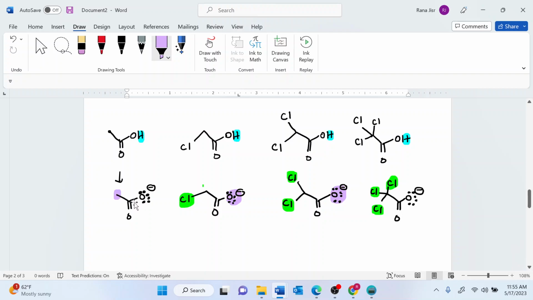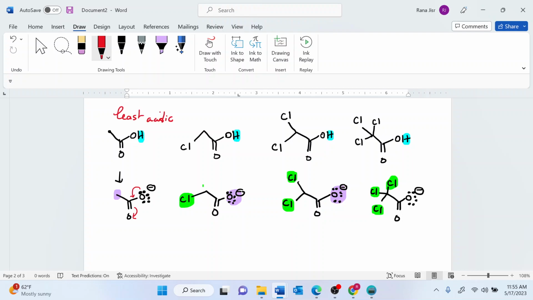So this conjugate base is not going to be stable because the negative charge here is only doing resonance. So it's only moving in this area between those two oxygens. You have resonance. Remember here you have resonance. So the negative charge is distributed only between those two oxygens. That is compared to the others. This is going to be the least stable conjugate base. So this acid is going to be the least acidic.